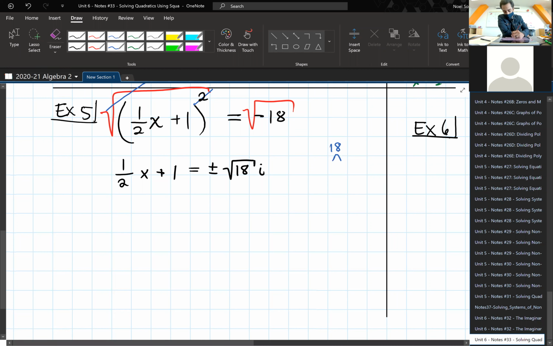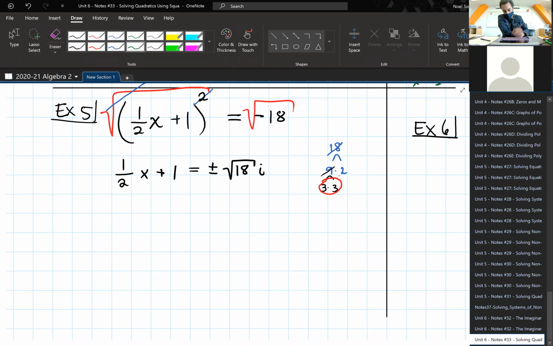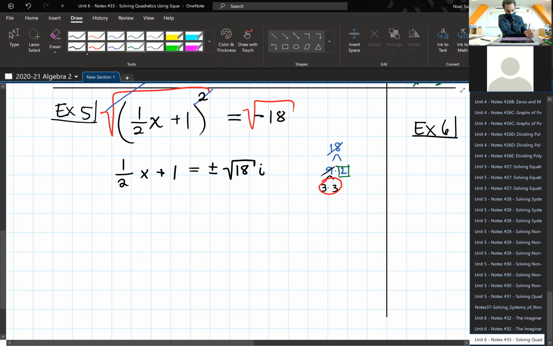Nice factors for 18, 9 times 2. Because 9 times 2 gives us, well, we factor the 9 down into 3 times 3, and now we have a pair with only one term left in the box. So the square root of 18 simplifies into 3 root 2 i, plus or minus, equal to 1/2 x plus 1.